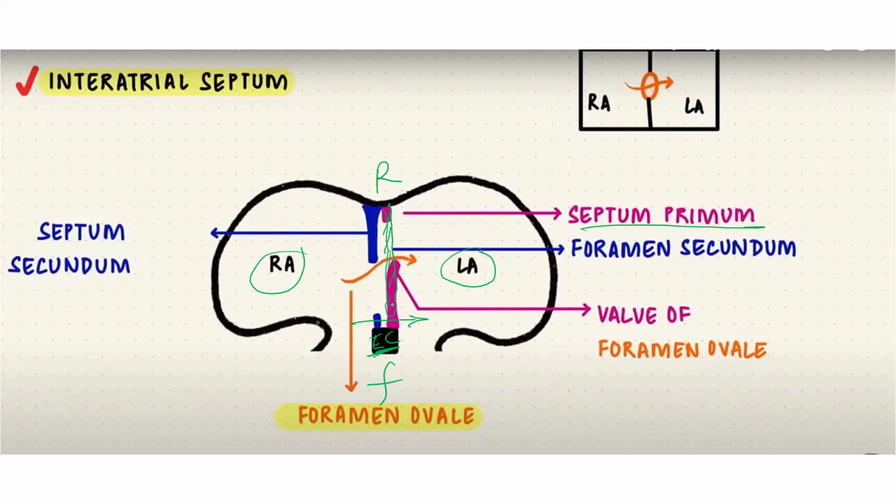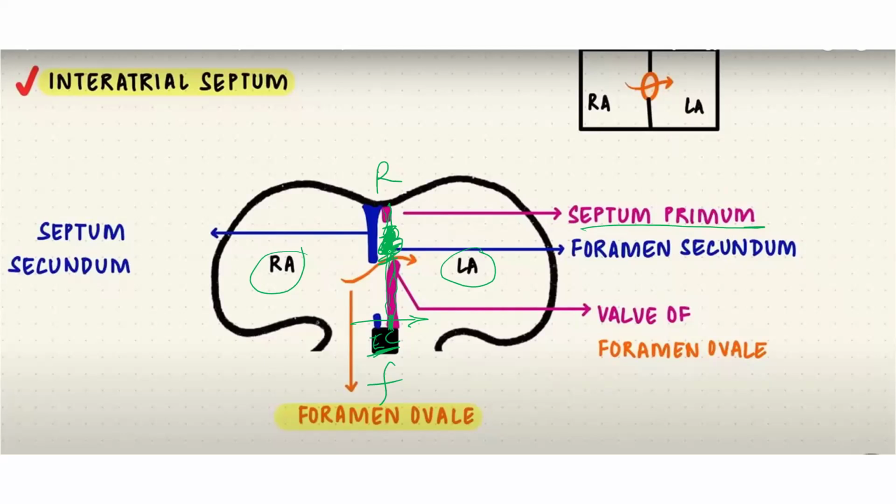But then, as this septum primum grows, that foramen primum is obliterated. It is closed out. And what happens is that cells of the upper part of the septum primum actually undergo apoptosis. They die off, and now you form a foramen secundum.